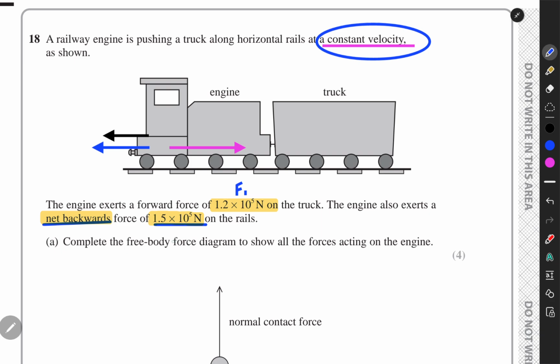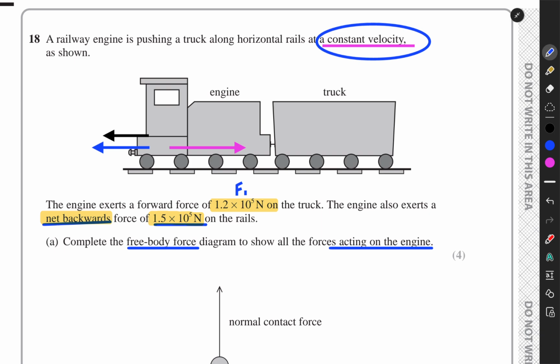The question is to complete a free body force diagram to show all the forces acting on the engine. There are two forces mentioned: the forward force and the net backward force.